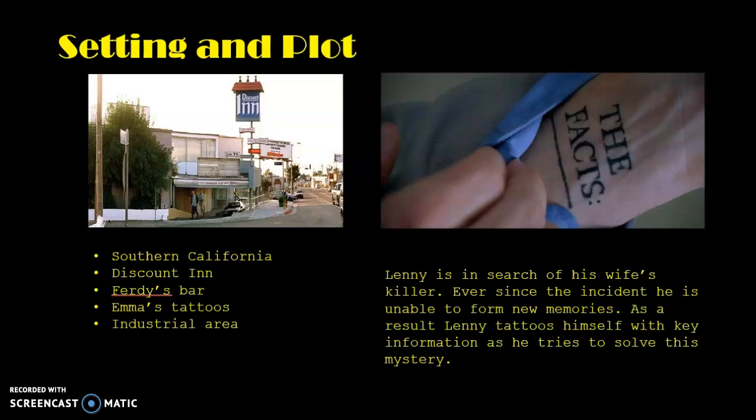He also takes Polaroid pictures and writes on them, and it's really interesting how you have this person who's disabled in that way, who's really hurt and really searching for his wife. Great movie, honestly.